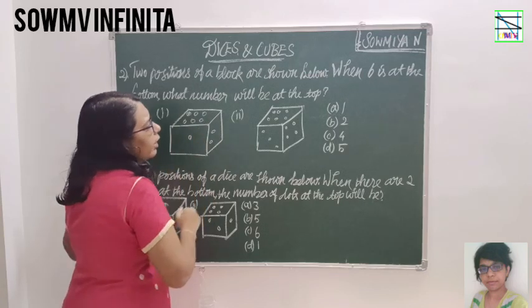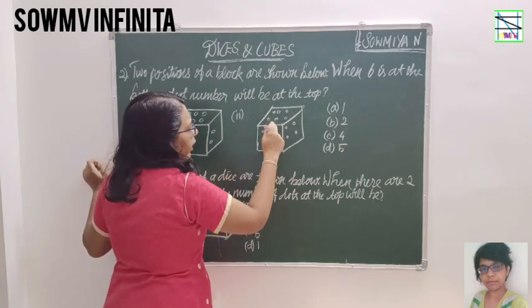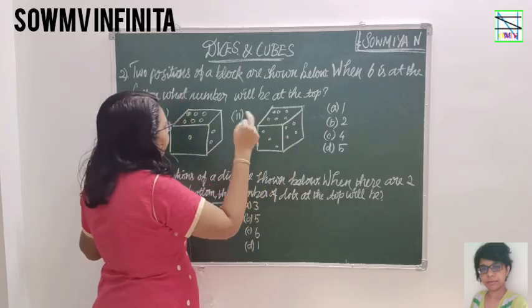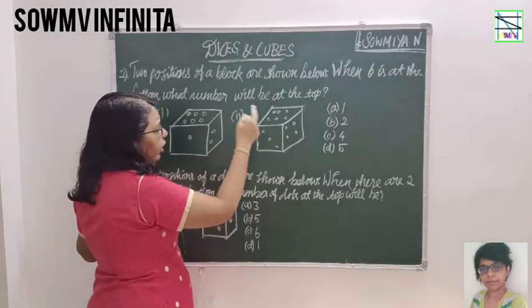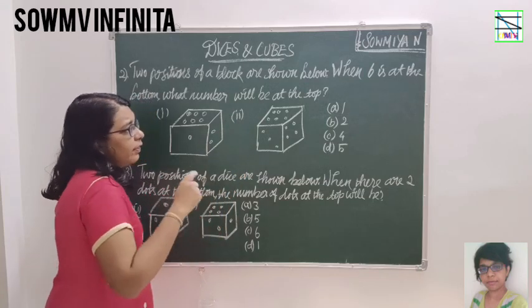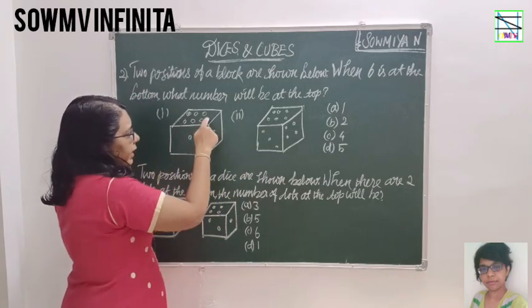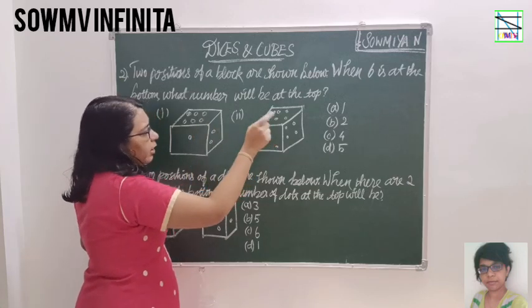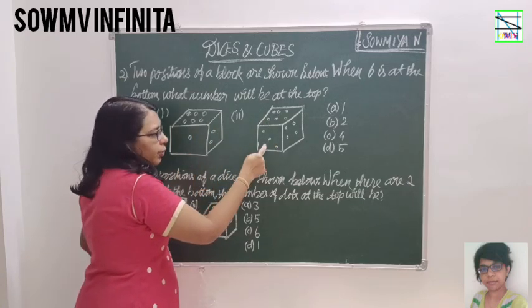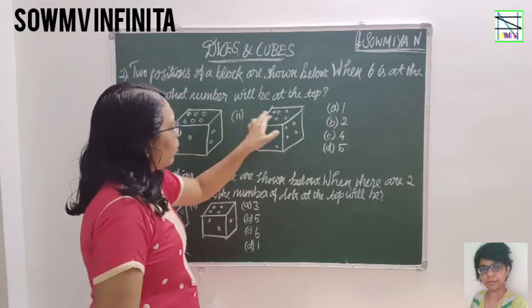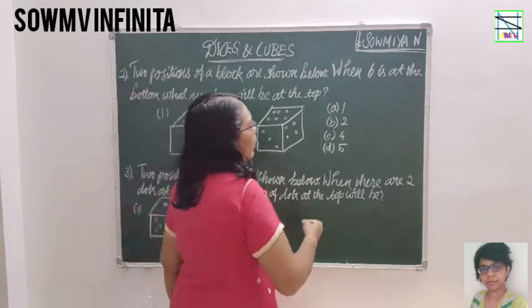The second die has 6, 4 and 3 dots. So both dice have the same dots in the same position, which means 6 is here and 6 is here. That means 1 is opposite to 3 and 2 is opposite to 4. So both have a 6.